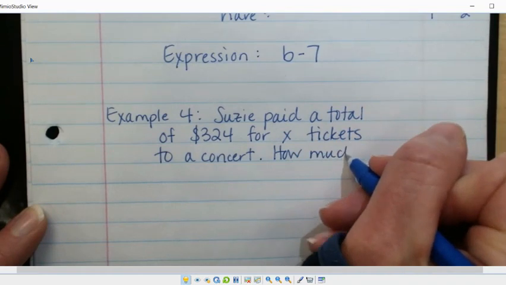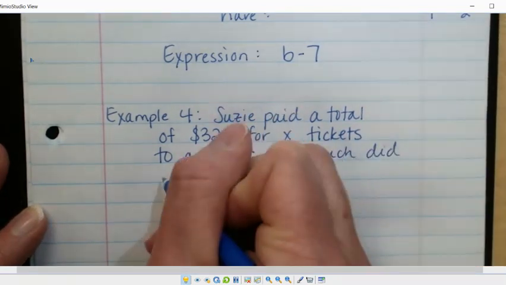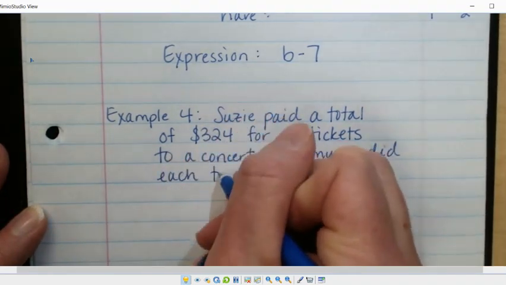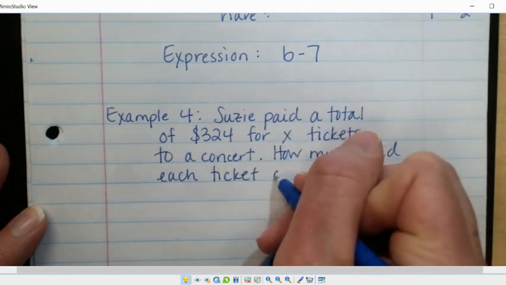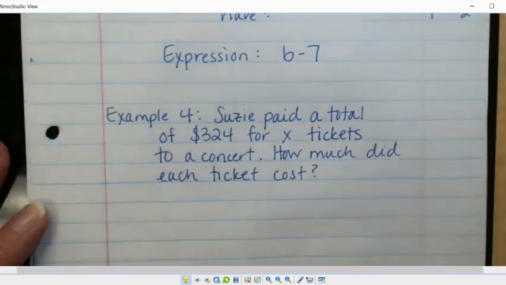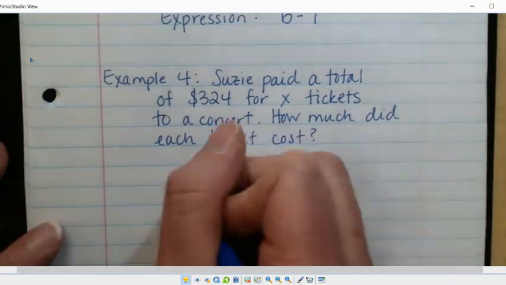How much did each ticket cost? And again, I just want an expression.